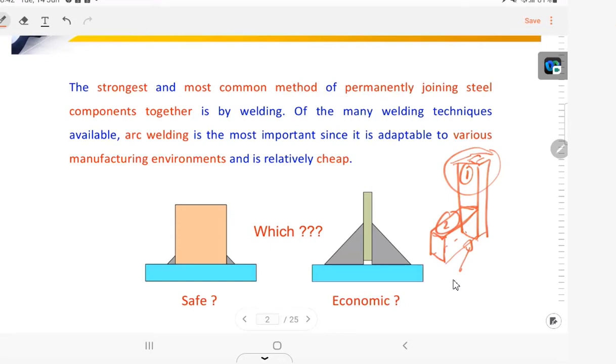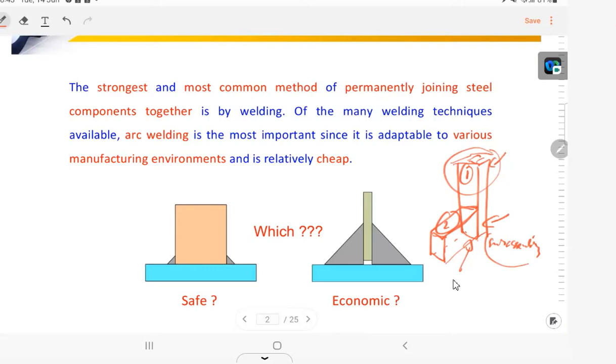So you have another application also, because if it is permanent, even though from the beginning these are two different parts, when you do the permanent joint it looks like just one part. In your engineering drawing, this is like a sub-assembly because you have two parts.